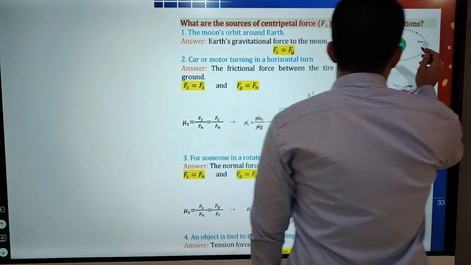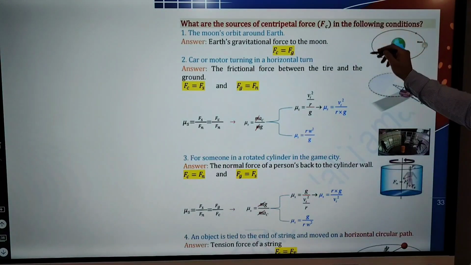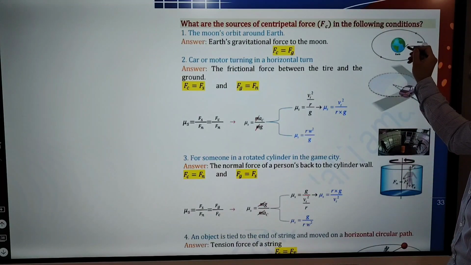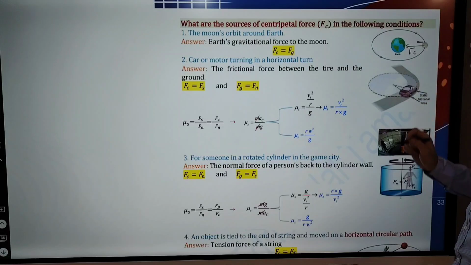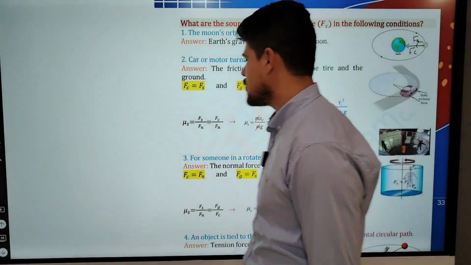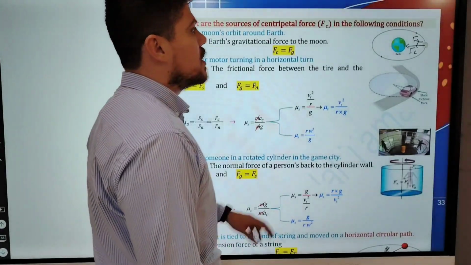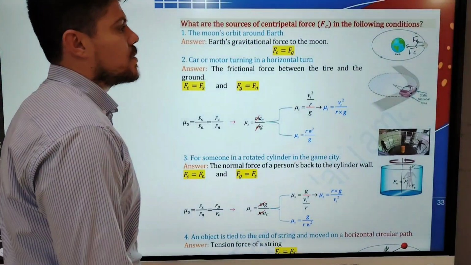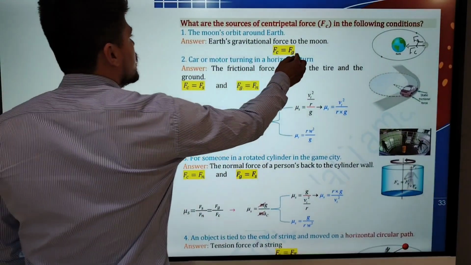As you can see in this picture, the direction of the centripetal force is always directed toward the center. What force provides the centripetal force? Gravitational force. There is no string and no friction between the planets. So Fc is equal to Fg.